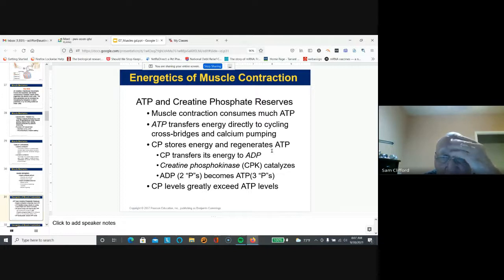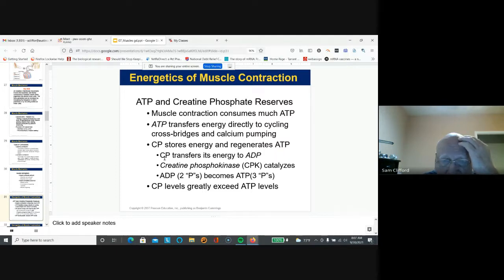So let's go through that again. So muscle contraction uses much ATP. ATP transfers energy directly to the cross bridge formation and calcium pumping. Creatine phosphate helps regenerate ATP.